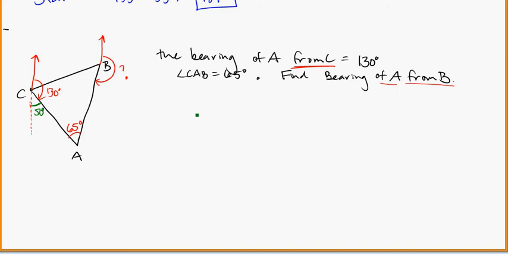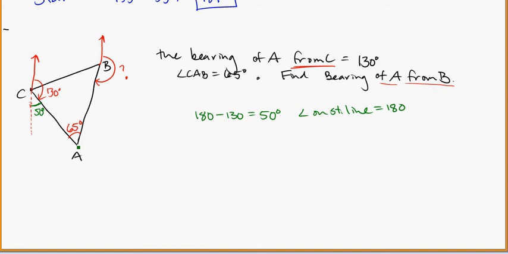That angle there is 50 degrees. Again, that's 180 minus 130 equals 50 degrees. And that's because angles on a straight line equal 180. So we know that that is 50.